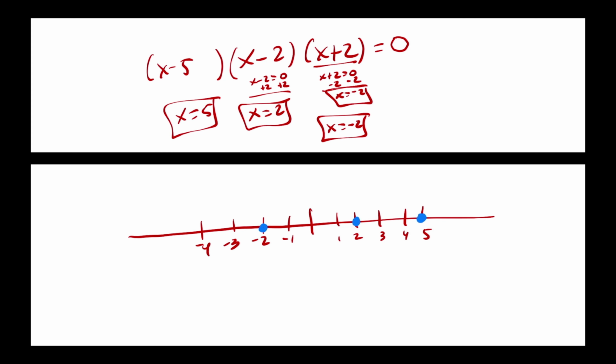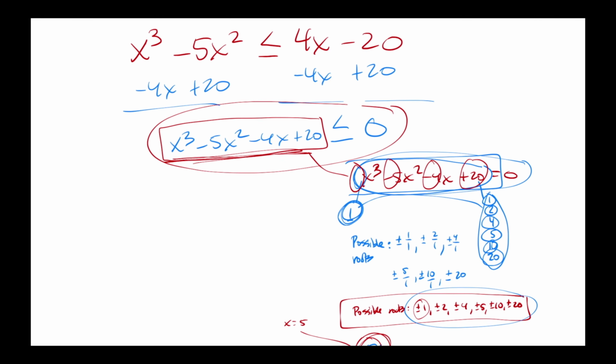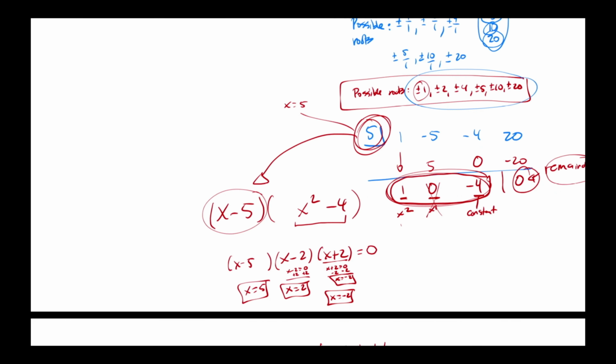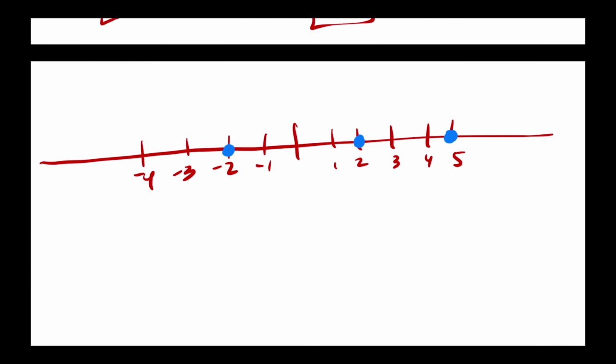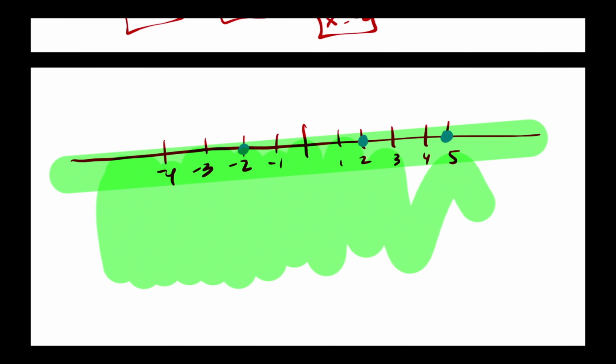Right? Now we have to go back to our original equation or inequality that says, when is that equation less than or equal to 0? When does this graph exist down here or on the x-axis and not above?